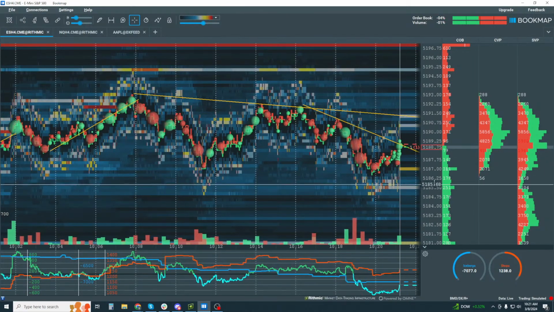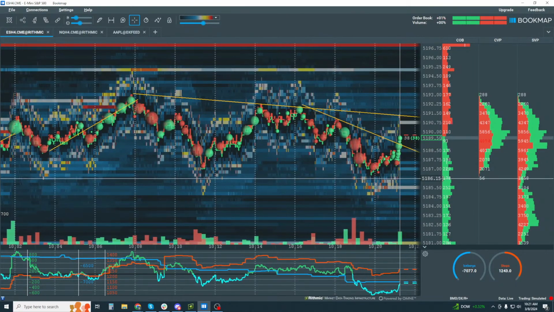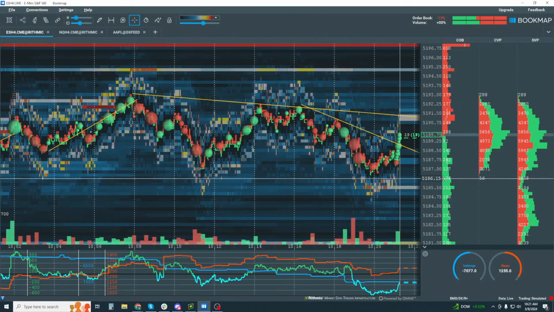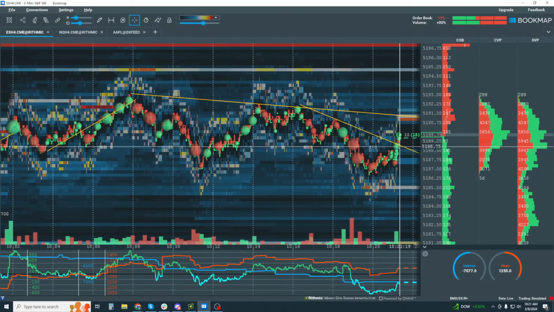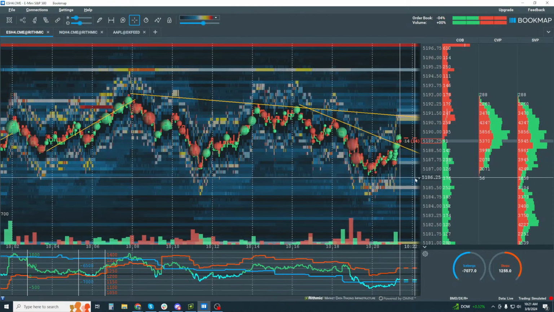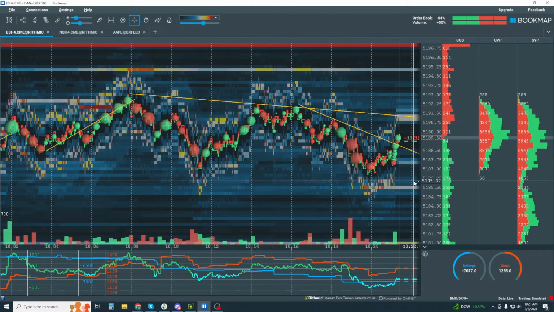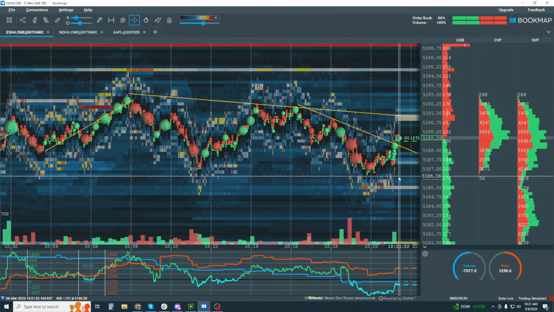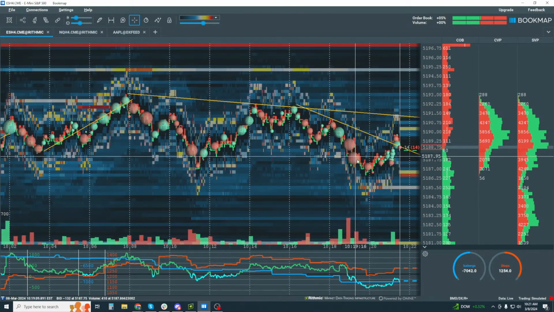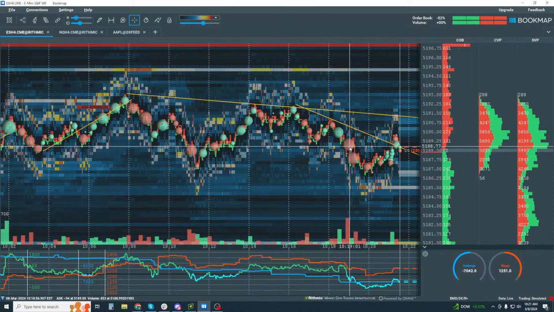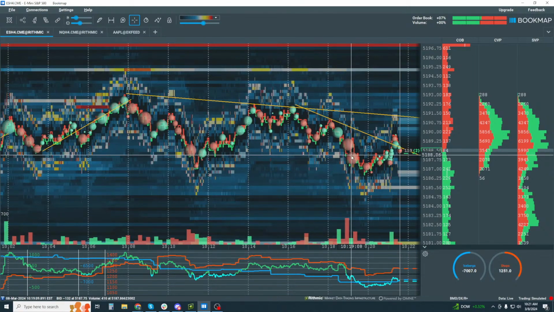But here we go. Now, is that the pullback we're looking for? No, it's not. In fact, it's starting to break that line, but look at the volume context here. This is not your low volume pullback. I guess you could make a little bit of an argument for it as being low volume compared to this volume here.